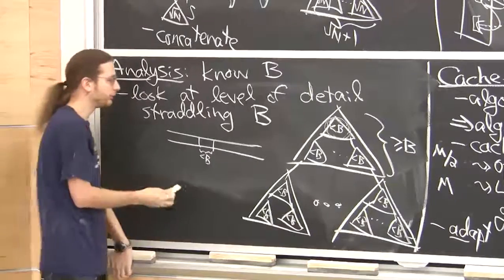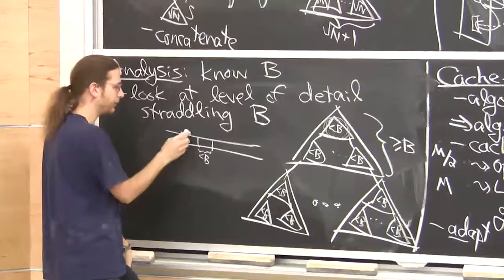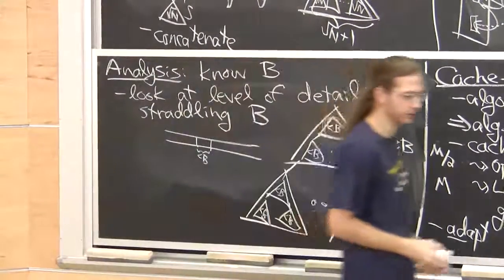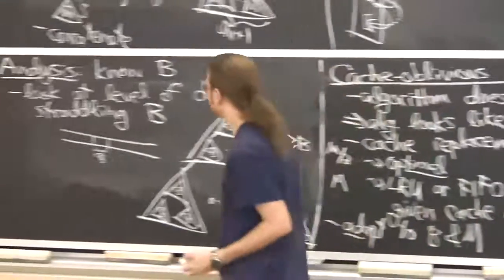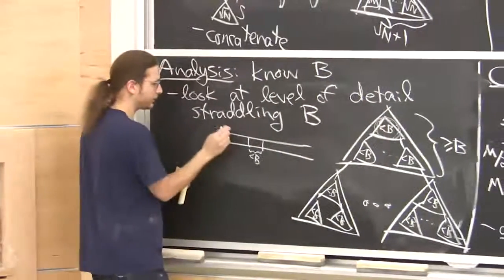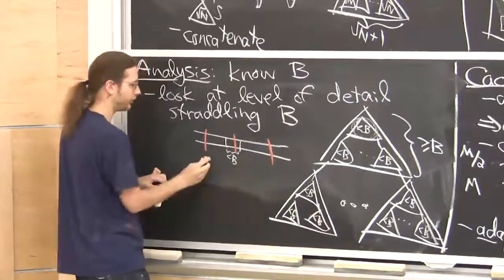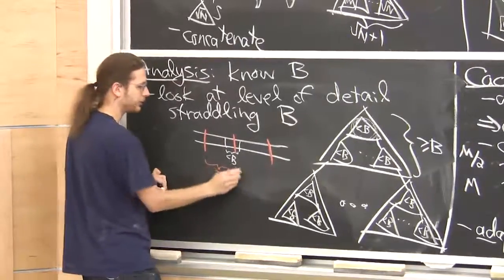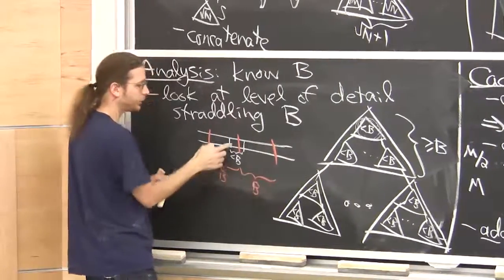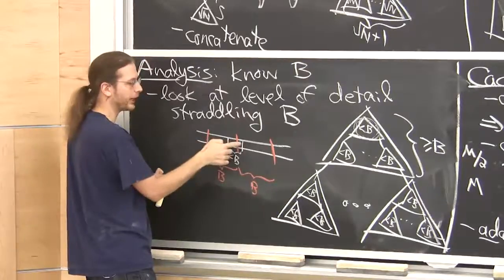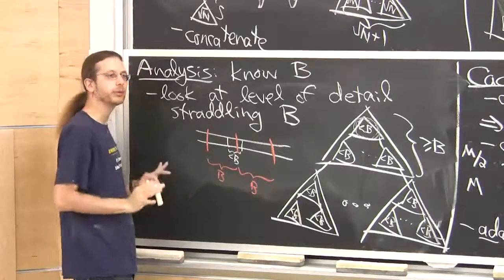So at worst, where are the block boundaries? Maybe draw that in red. Block boundaries are size b. We don't know exactly how they're interspersed, but let's say these are the block boundaries. So it could be that this little subarray falls into 2 blocks, but at most 2 blocks.